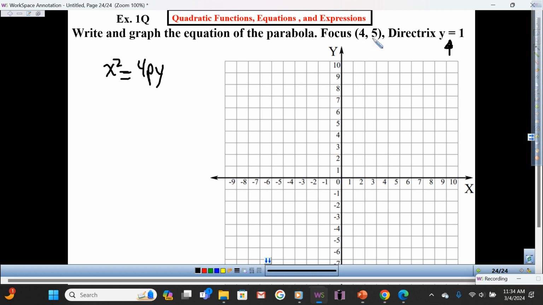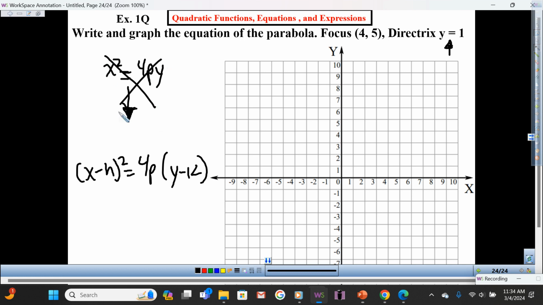So since it doesn't have zeros here, what would be my new equation? Tell your neighbor, new equation. Pass someone, Vianney. X minus h squared equals 4p y minus k.